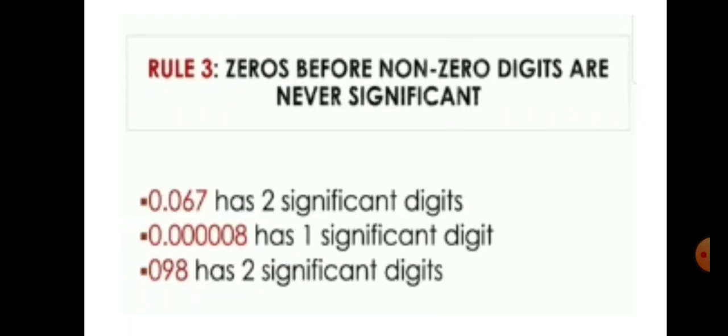The last example, 0.098, also has 2 significant digits, that is 9 and 8, and the 0 before 9 is not significant. So it is proved that the 0s before the non-zero digits on the left side are not significant.